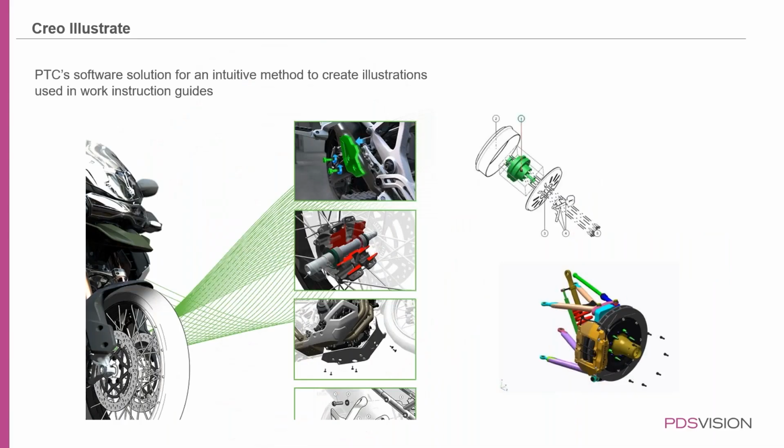With those logistics out of the way, I'm now going to get into describing what Creo Illustrate is. It is PTC's software solution to create high quality renders or illustrations which you use in your work instruction guides. Basically, it takes your assembly files, and when you put your assembly files in this software, you can set them up.